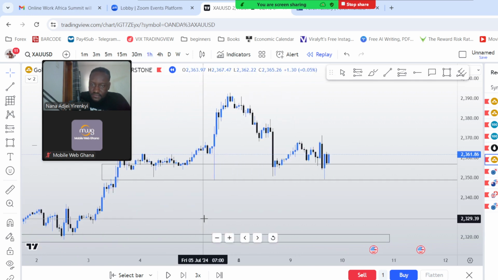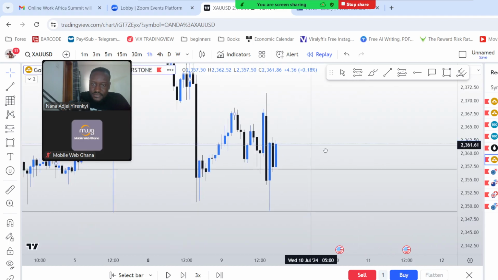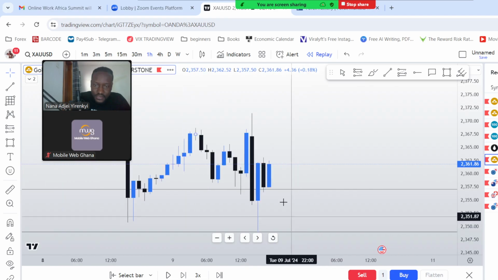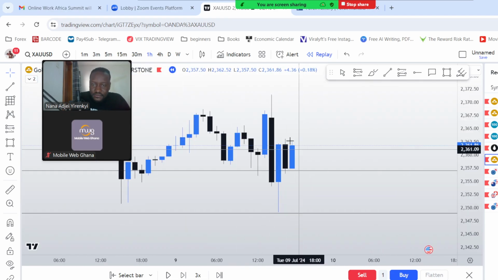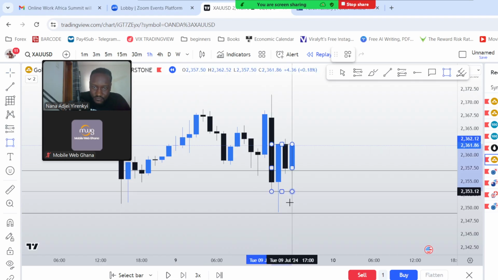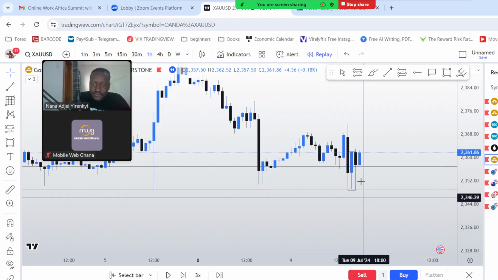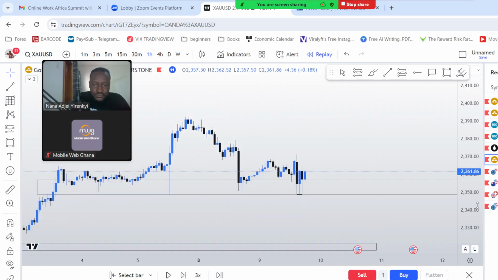So on the 1 hour time frame, I'm going to wait for a confirmation. As I can see clearly, price has already tapped into my support area and has given me a clear indication of a hammer pattern being formed over here. Which means price has already given me a confirmation for a continuation back to the upside.